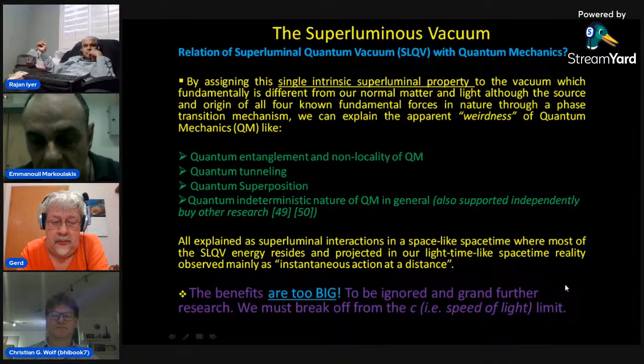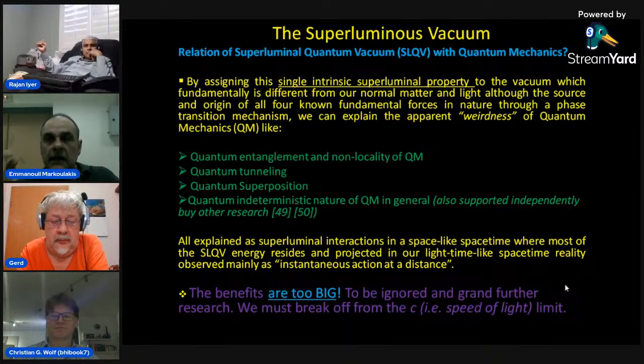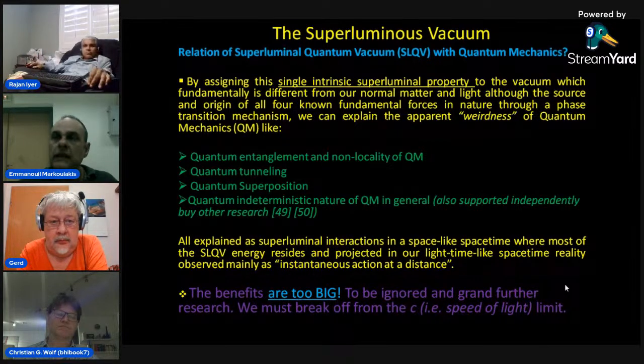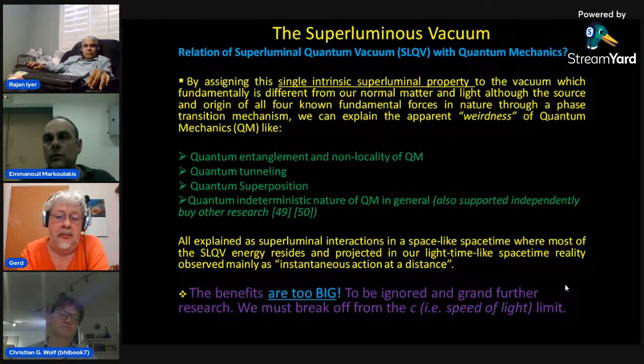As we said in the beginning, by assigning a single property to the vacuum, being an unknown type of superluminal energy, which I believe is the fundamental difference that differentiates the vacuum from normal matter and light, we suddenly get answers to many unsolved cosmological mysteries, but also quantum mechanical problems.